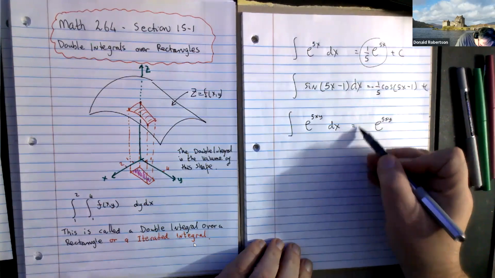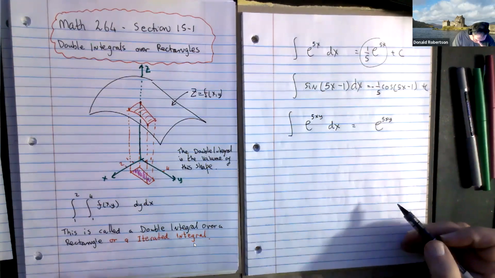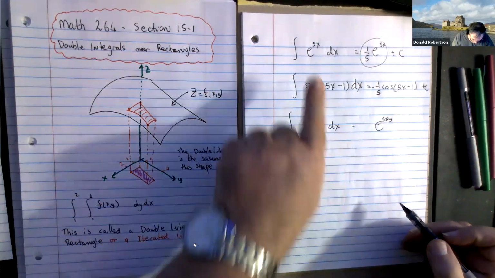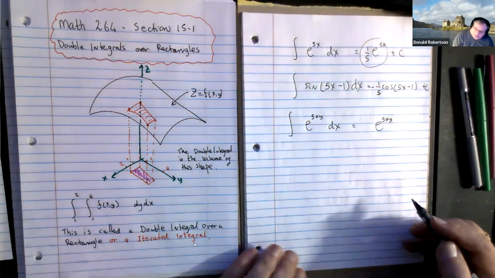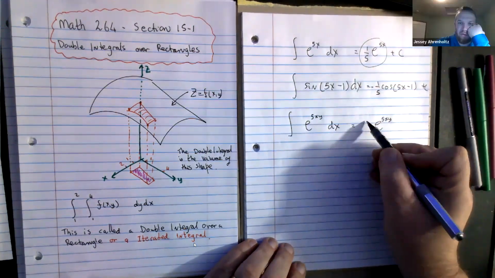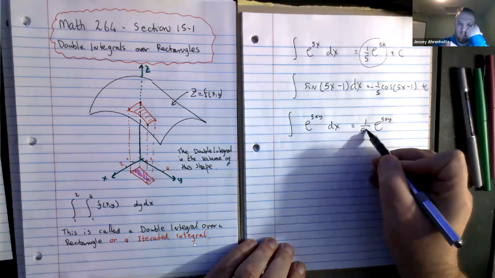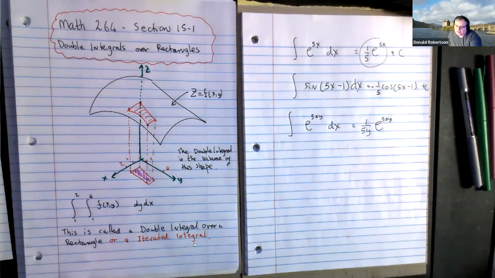What's going to go here? When it was 5x, you got a fifth. What do you think is going to happen when it's 5xy? 1 over 5y. Right. Now you see that's a little bit, I'm going to say it's difficult, but I mean it's not common. You're not used to doing it yet. The more you do, the more you'll get used to doing it.